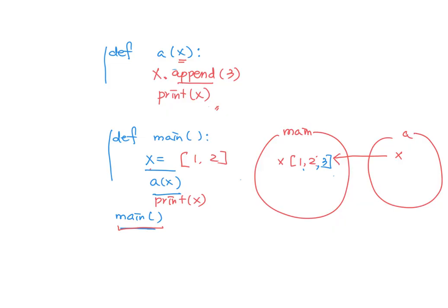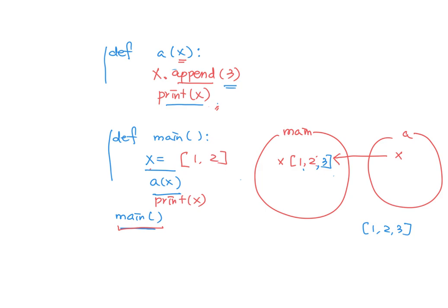So this addition of 3 will change the list variable defined in the main function. When x is printed, 1, 2, 3 will be printed on the screen.